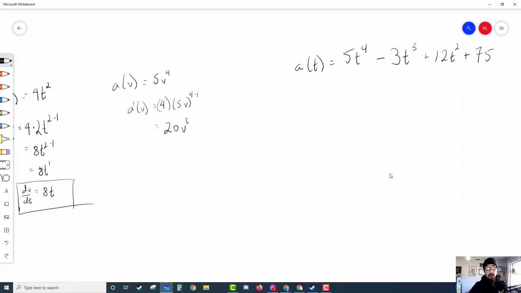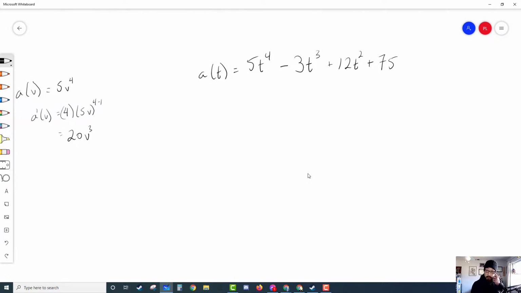It's a pretty big function, but if we take the derivative of it, we would write dA/dt. 4 times 5 gives us 20, t to the 4 minus 1, which is 3. Minus 3 times 3 gives us 9, t to the 3 minus 1, which is 2.